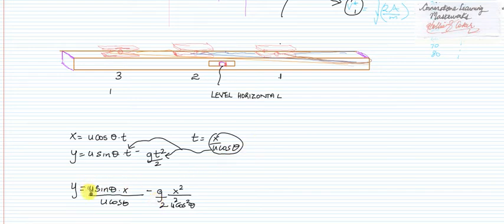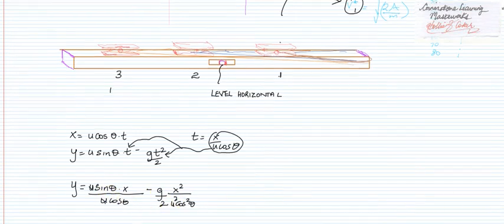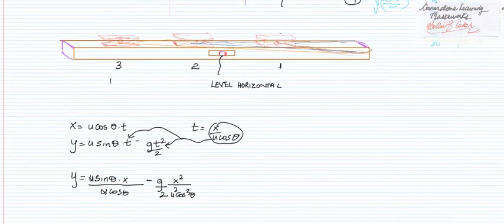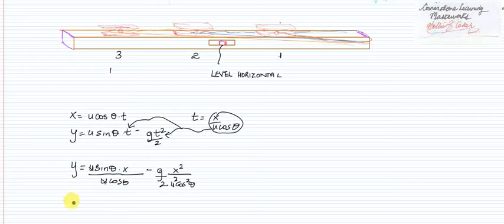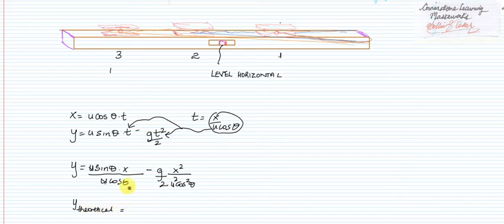We know u into u is u, and sine on cos is tan theta. So your y theoretical will be tan theta multiplied by x, minus g x squared on 2 u squared cos squared theta.